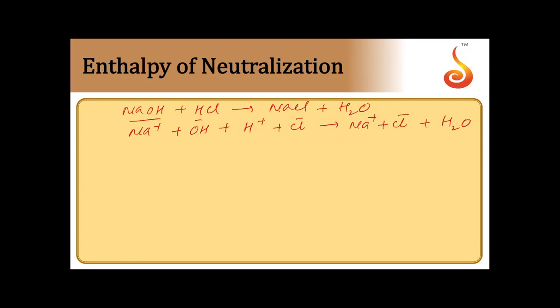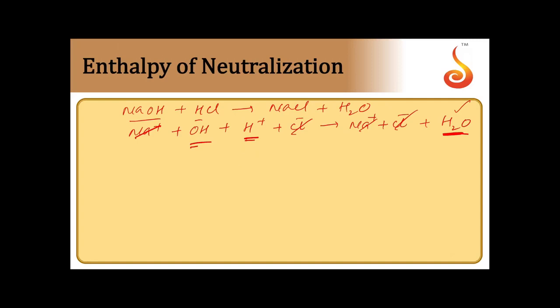When you see the net reaction, Na+ and Cl- are the same. So it's only the formation of a water molecule from H+ and OH-. So during neutralization of strong acid and strong base, it involves only the formation of 1 mole of water from 1 mole of H+ and 1 mole of OH-. Therefore, the value is always constant.